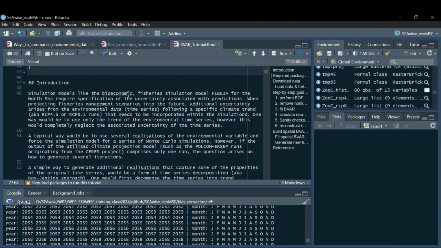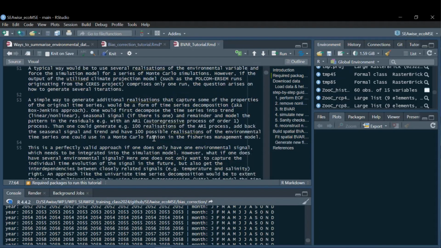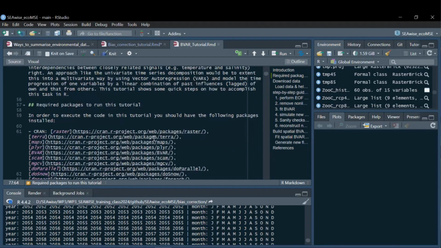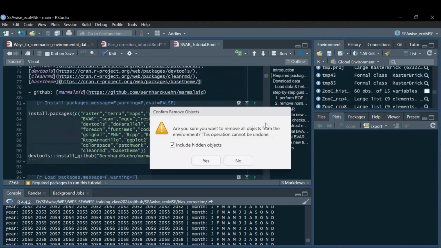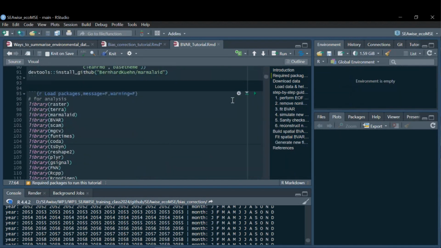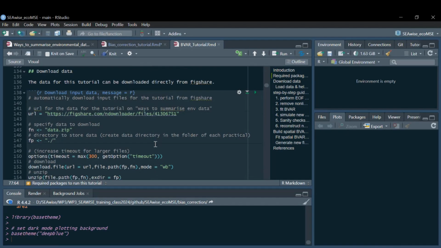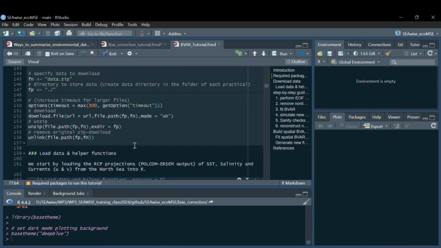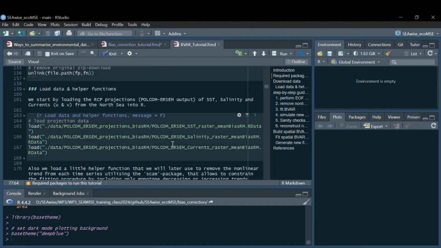Here's a short introduction in the HTML you can find on why to do it. Here again, the required packages, and again, we load the packages. Again, you can download the data from my Figshare account, but since I ran this already, I have the data already downloaded.